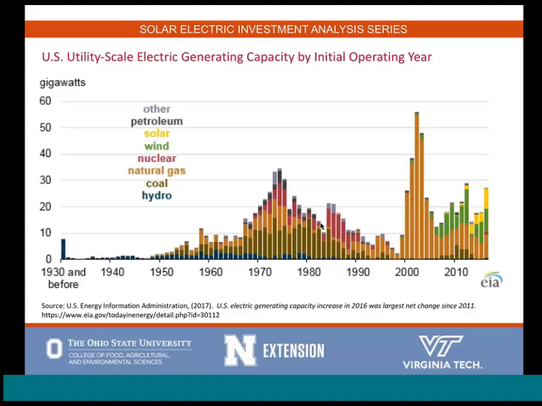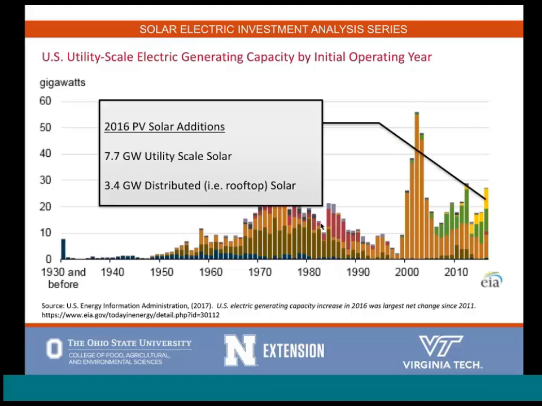Those are the types of projects that John and myself and a lot of other extension colleagues deal with when we work with farms across the U.S., systems that are installed, owned, and designed to generate electricity to power a specific farm. So that's a snapshot of the trends we're seeing related to PV solar.